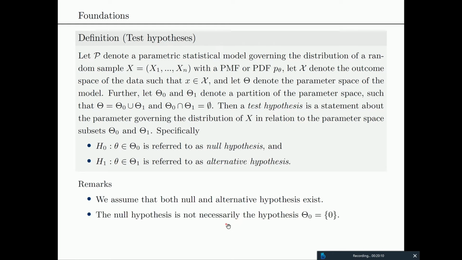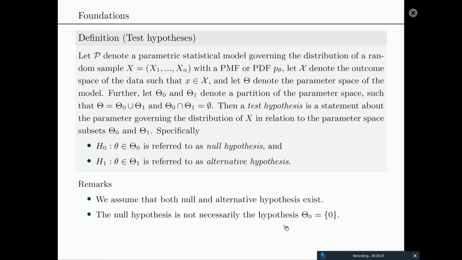One thing that is important is that the null hypothesis is not necessarily the hypothesis that big theta 0 is 0. This can be a null hypothesis, but it doesn't need to be the case.